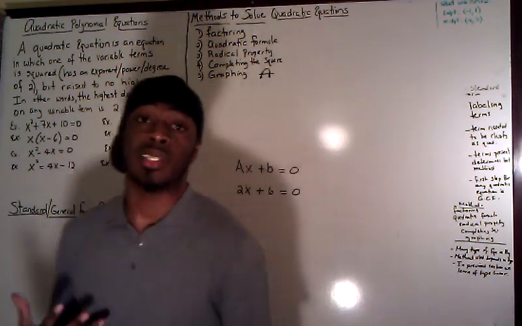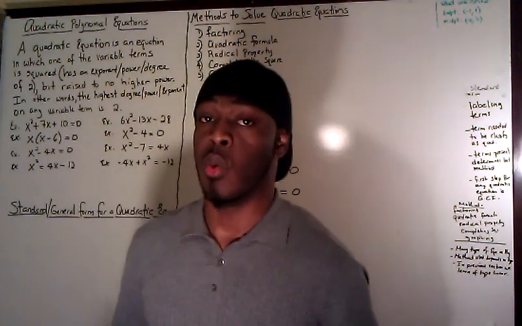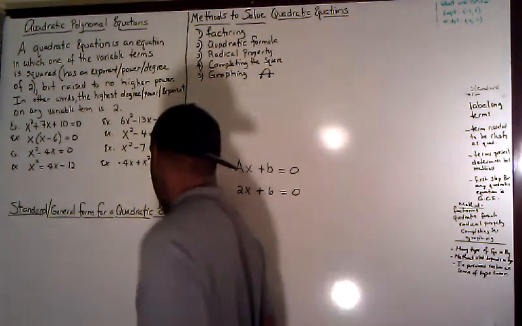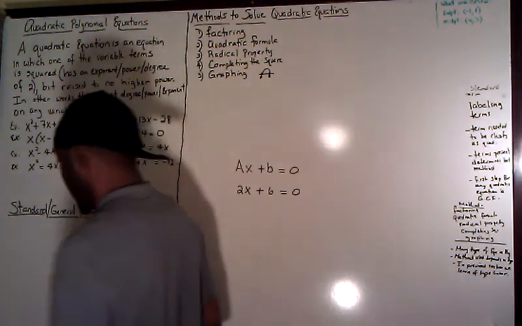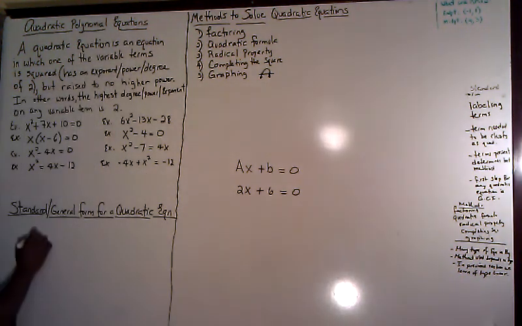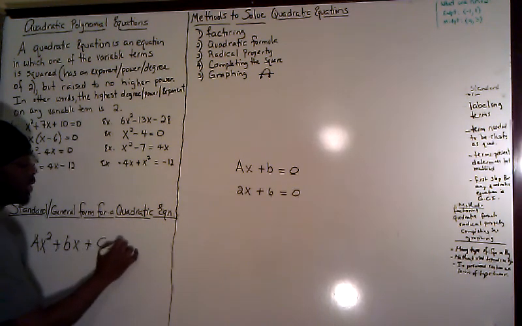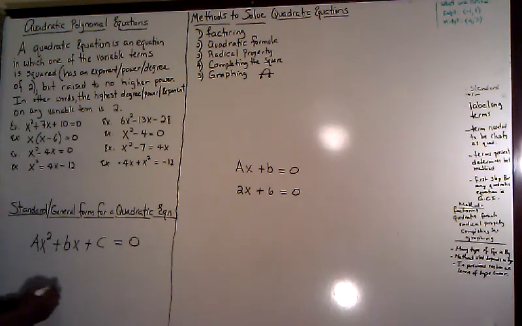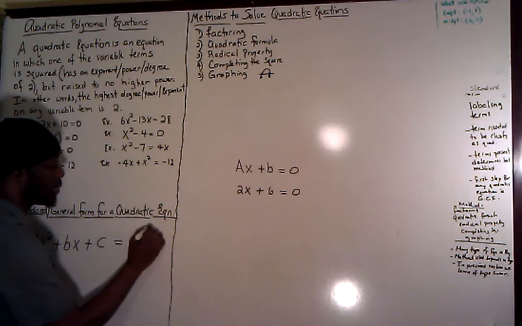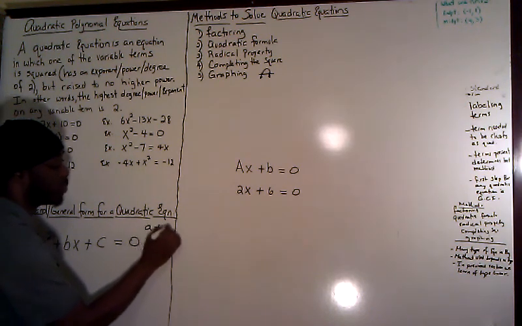However, there is a standard form for a quadratic equation, and that standard form looks something like this. The standard form for a quadratic equation is ax squared plus bx plus c equals 0. And there is a little caveat to this form, where it says a cannot be equal to 0.